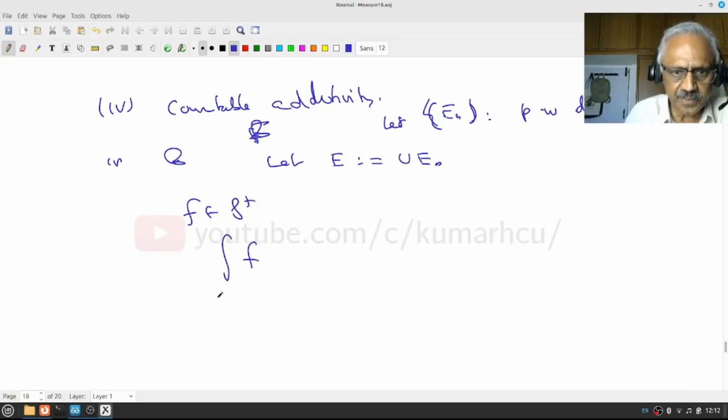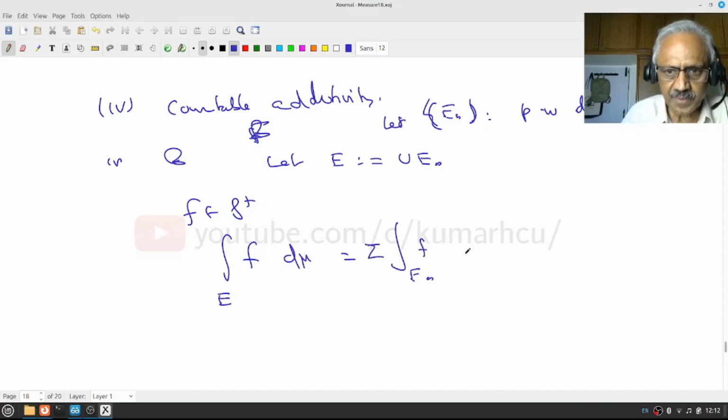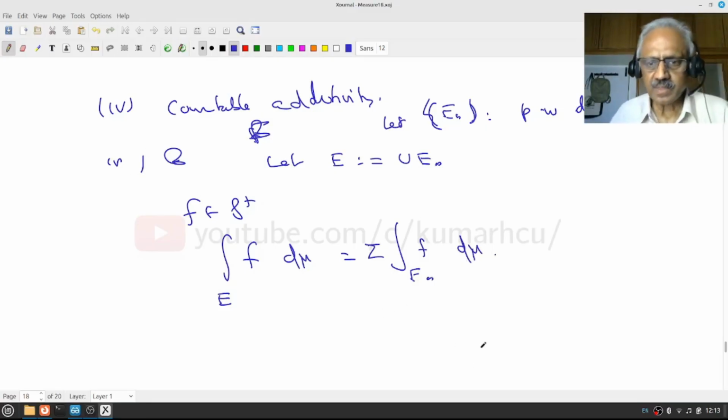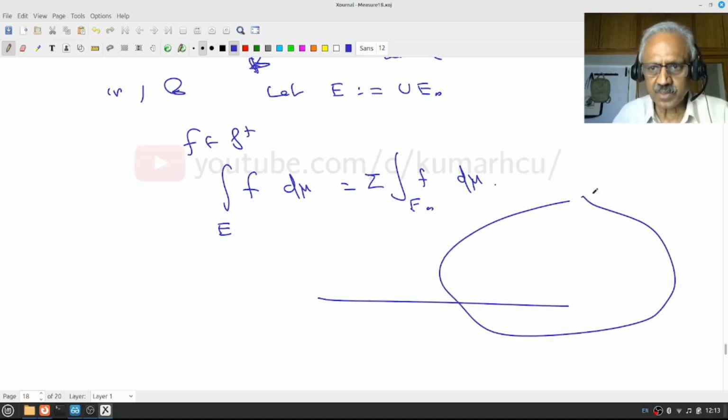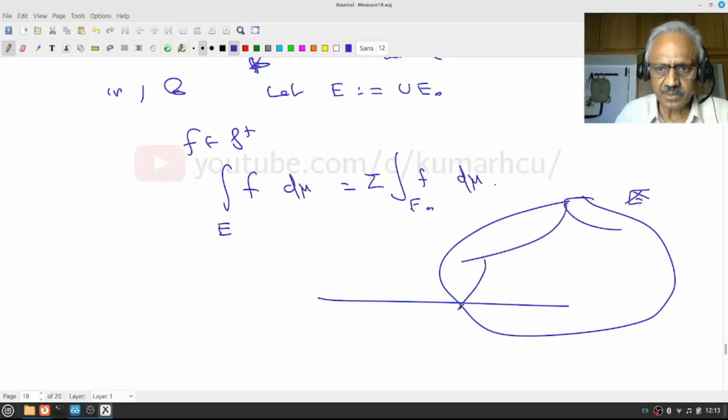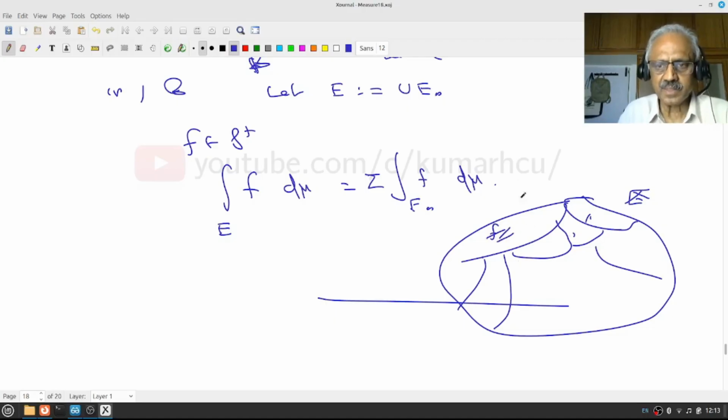Then the integral of F over E d mu equals the summation of the integral of F over E_n d mu. Notice what this means. This is my E, and E is a union of various pairwise disjoint sets. Then I evaluate the integral of F over all of E, and they all add up.